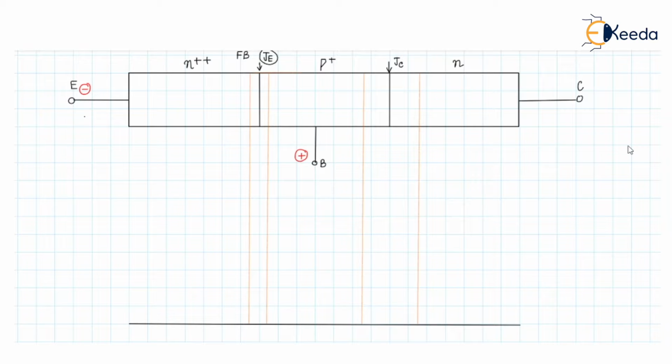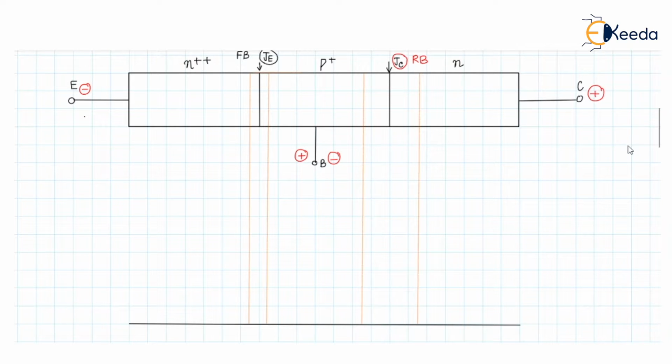It will make the JE junction forward biased. Similarly, if we want to make the JC junction reverse biased, then the collector terminal should be given a positive polarity and the base terminal a negative polarity. This will make the JC junction reverse biased.